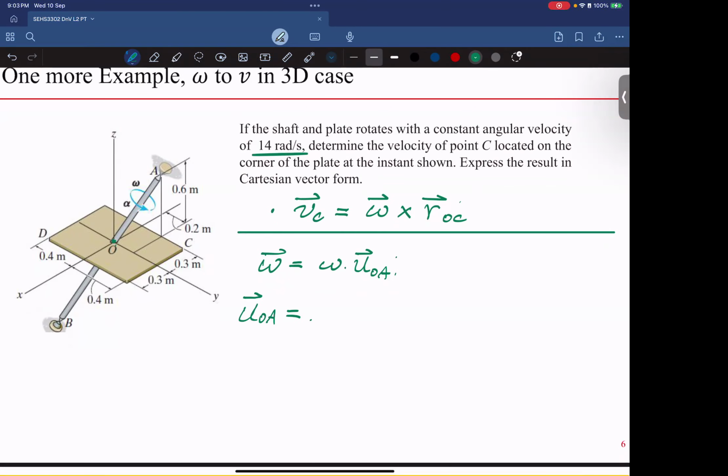To find U_OA, just follow the definition: the vector OA divided by its own magnitude. The magnitude is the length from O to A. But for this OA vector, how do we get it?